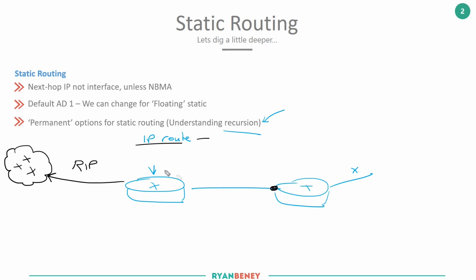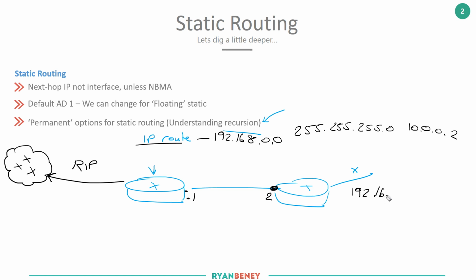Which means this router would say, in order to get to network 192.168.0.0/24, go to 10.0.0.2, and let's say this is 2, let's say this is 1, and let's say the 192 network is over here.